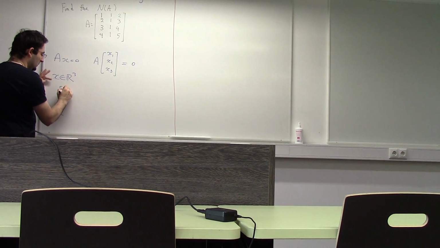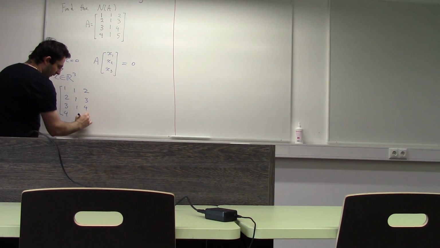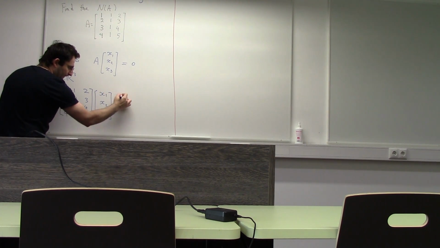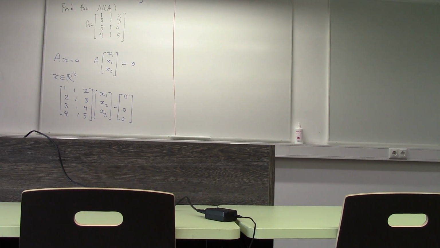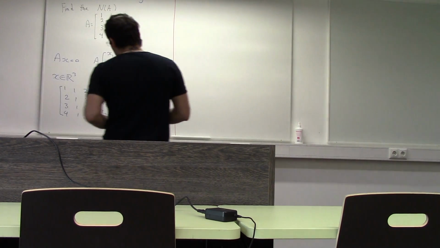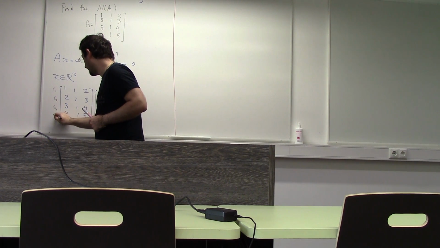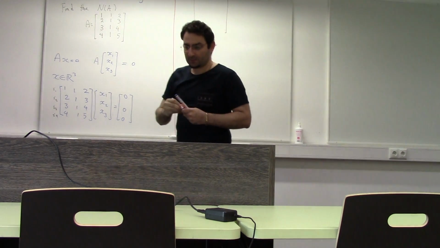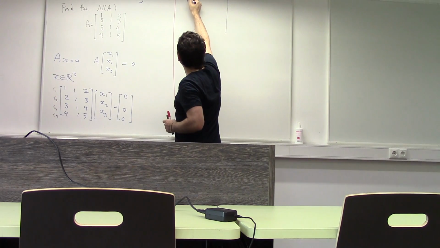This is row 1, row 2, row 3, row 4. Let's have in the first row the new first row be R2 minus R1.